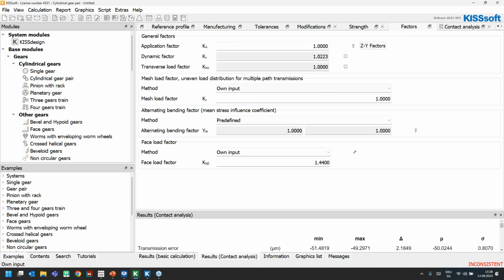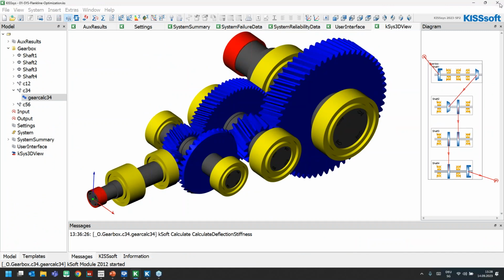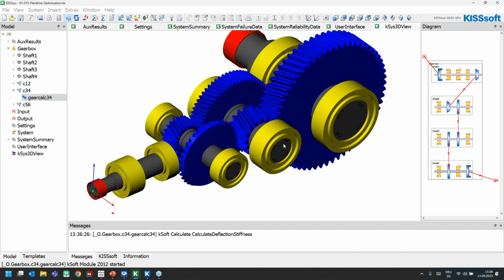However, if I optimize the design now and reach a face load distribution of, let's say, 1.02, I can now size the maximum transmittable torque, and you can see it's almost 13,500 Newton meters. That means that these modifications, well sized, can increase your torque capacity of more than 30%. In this case, it's almost 40%, which is actually quite amazing. All right, so let me close this model and we will proceed.